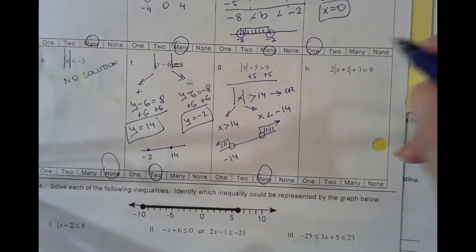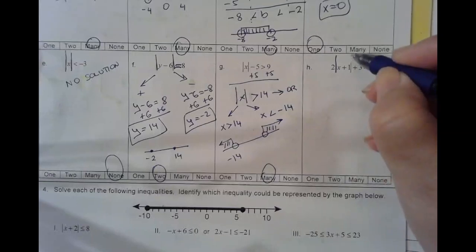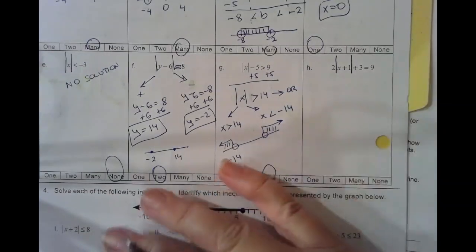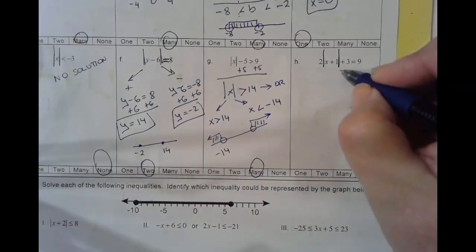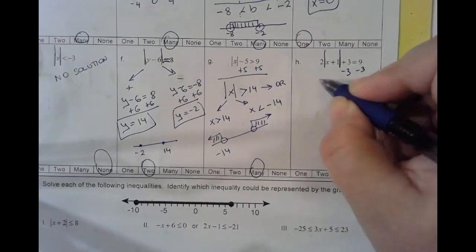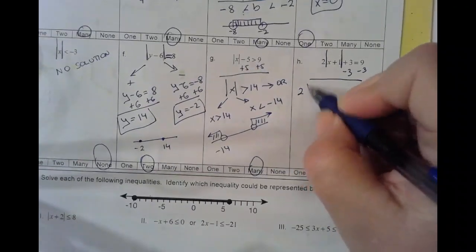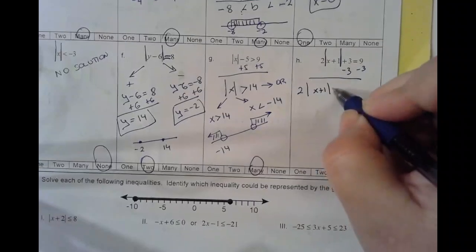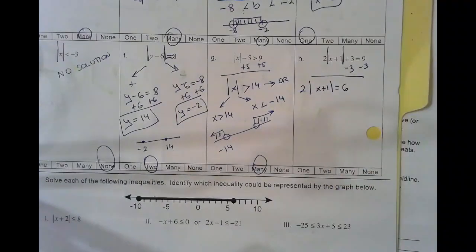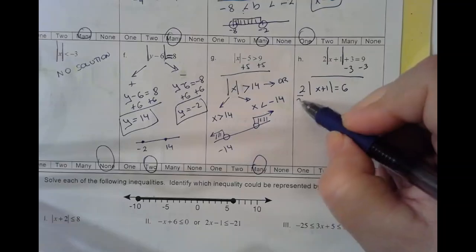Notice I don't have my absolute value by itself, so the first thing I need to do is isolate the absolute value. I'm going to subtract 3 from both sides. And now I'm going to divide by 2.